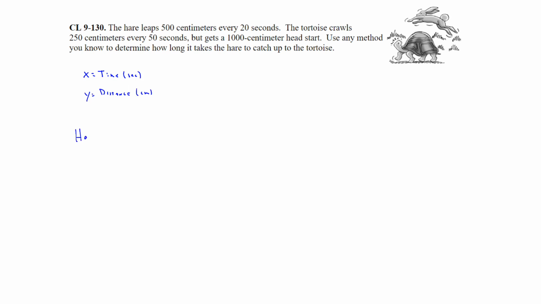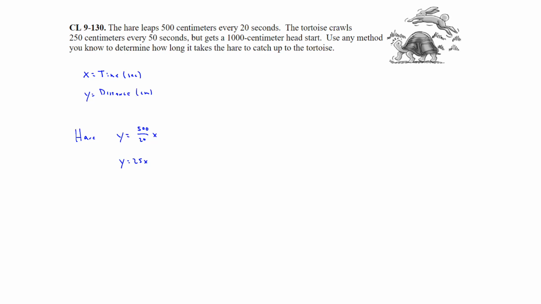So the hare, he's going to travel a total distance of y equals 500 centimeters every 20 seconds. So that's his rate of time. And so we could simplify that to be 25x. So he travels 25 centimeters every second.